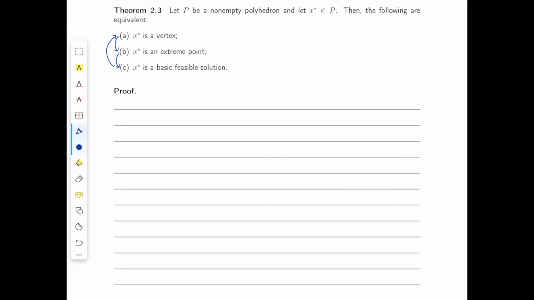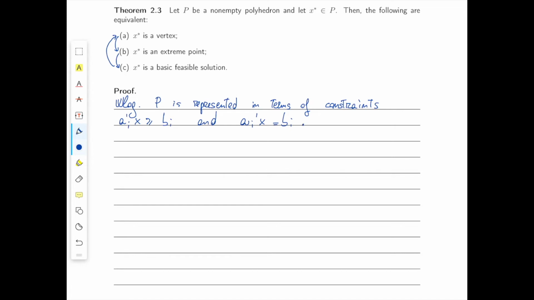So without loss of generality, P is represented in terms of constraints of only two forms, a_i transpose x greater than or equal to b_i, and equality constraints a_i transpose x equal to b_i.